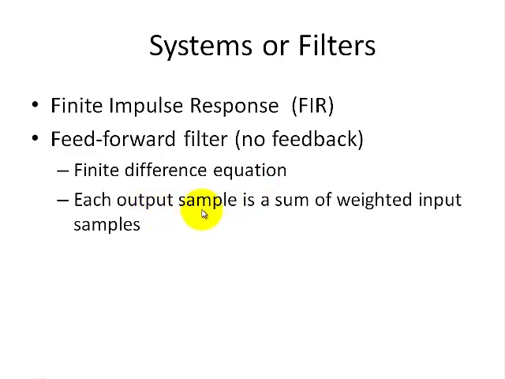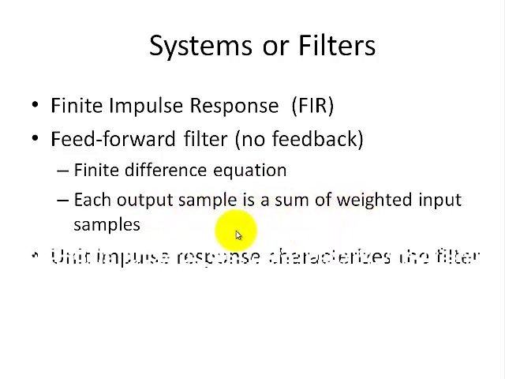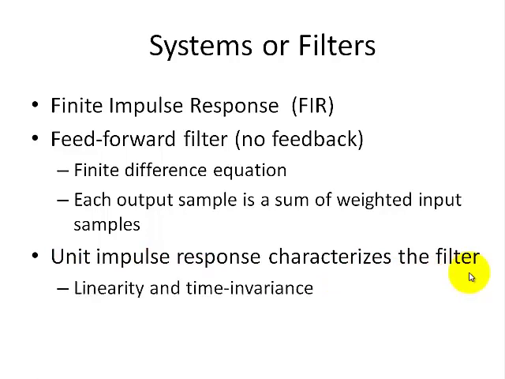Here we have an output sample, which is a weighted sum of input samples. And here the unit impulse response is used to completely characterize the digital filter or system. The important concepts of linearity and time invariance are used to help determine what the output of the digital filter is.